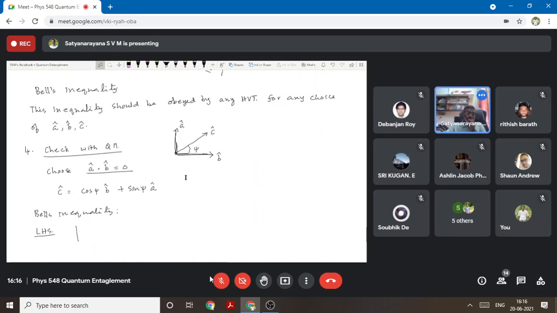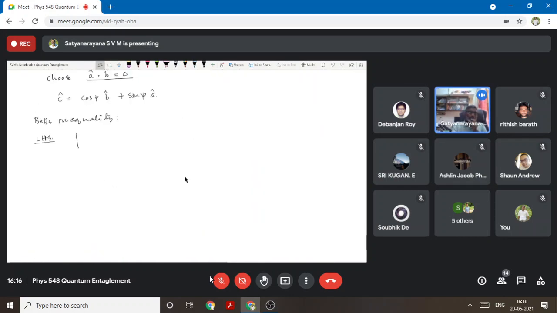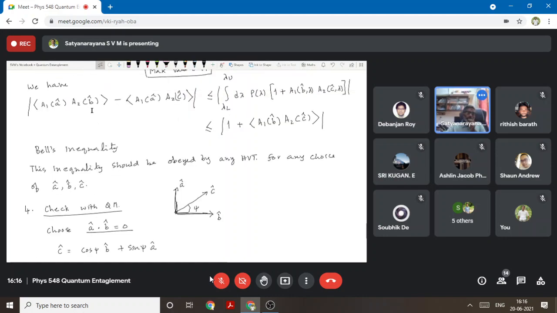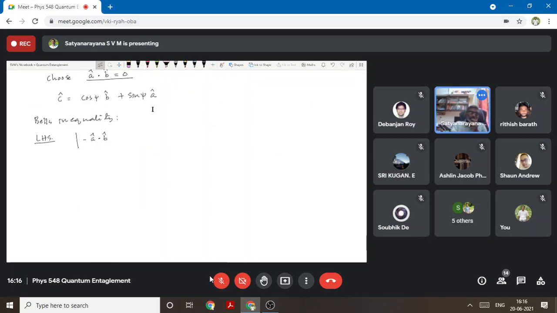So this is equal to minus a dot b. Then you have minus a dot c. So minus into minus gives plus a dot c. So this is our left hand side. A dot b is 0 anyway. So what is a dot c? A dot c is given by sine psi.